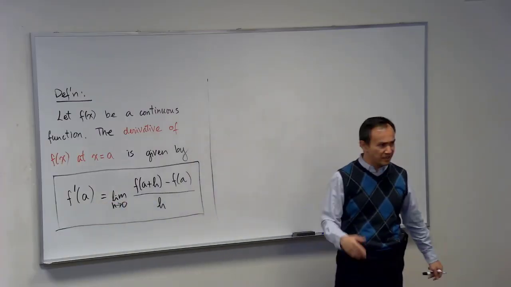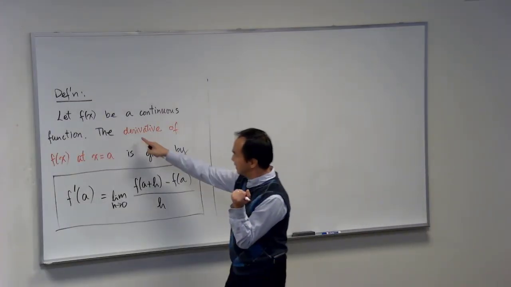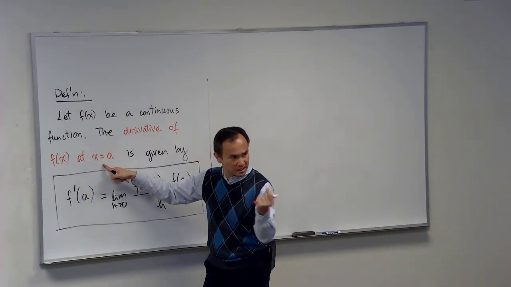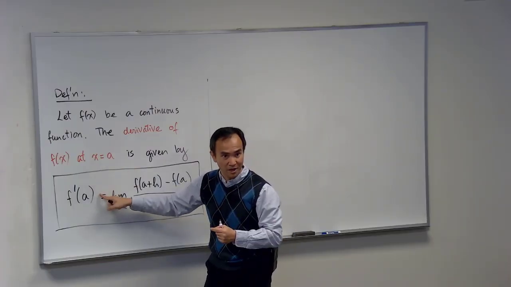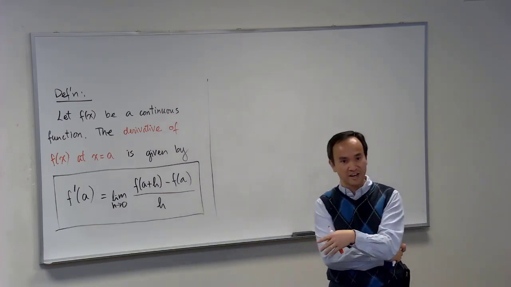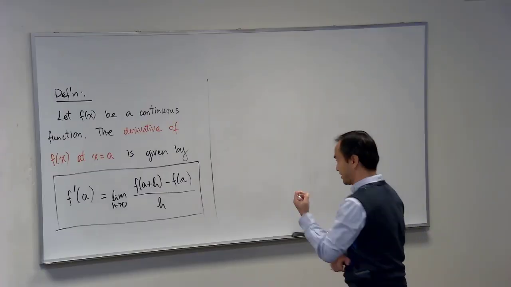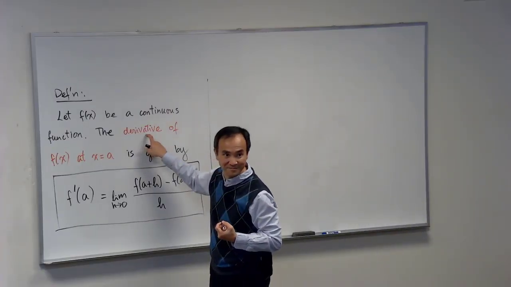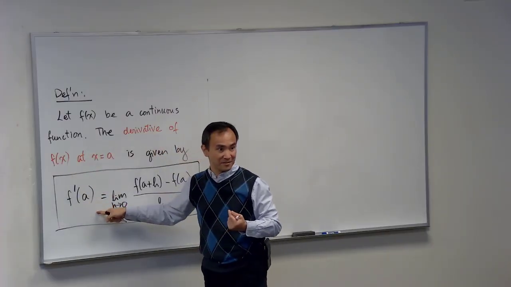Do we notice anything connecting with what we've been doing? The derivative of the function at that given point is nothing but exactly the slope of the tangent line at that point. So instead of calling it by a lengthy name, slope of the tangent line at x equals a, we call that for short the derivative of the function at a.